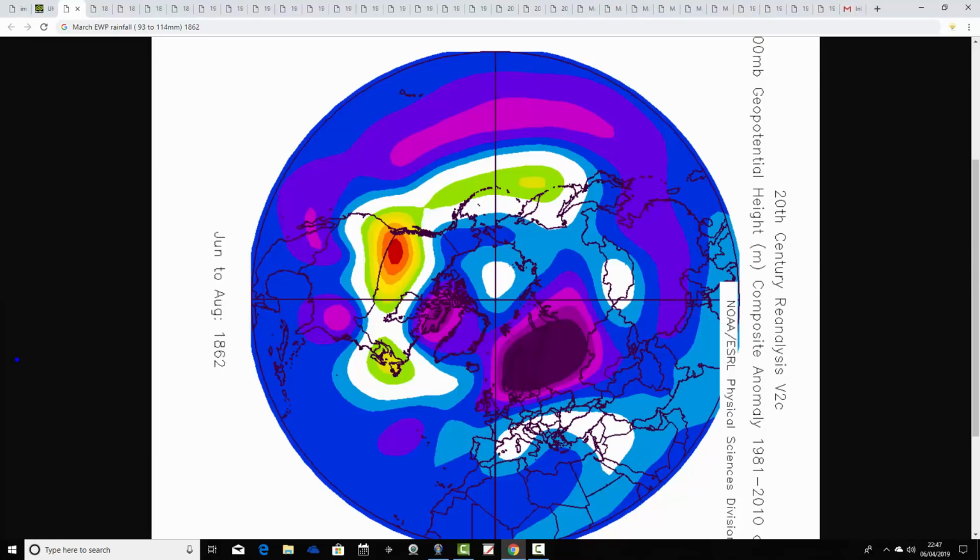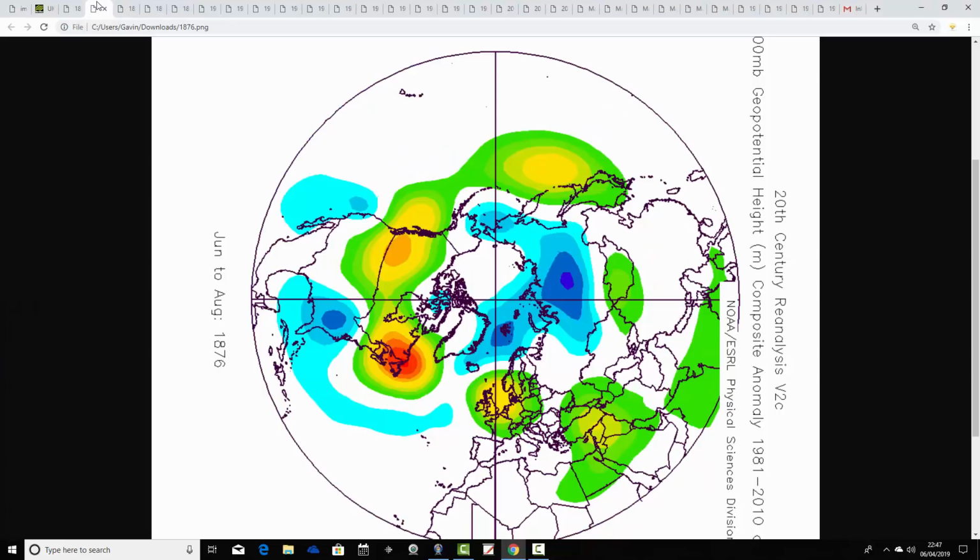Remember, our range is 93 to 114 millimeters, placing March 2019 at 103 millimeters square in the middle of that range. There's a deep area of below average heights sitting over and to the east of the country, a very big trough indeed, pulling down cool northwest winds. So that's a really cool, wet and miserable summer in 1862.